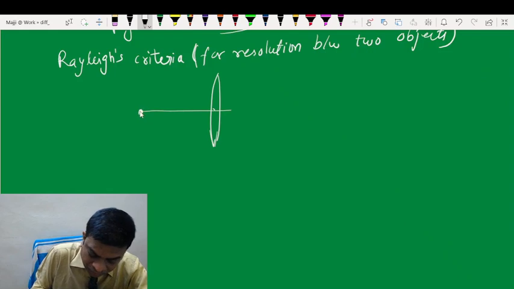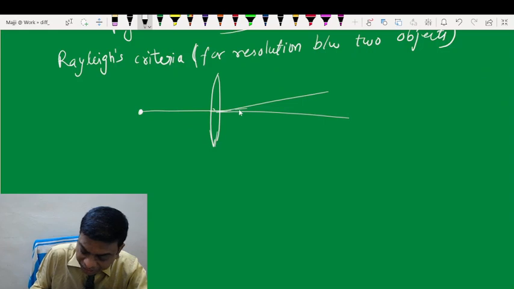Even though this is a point object, because of diffraction aspects, it will be just like a disc.